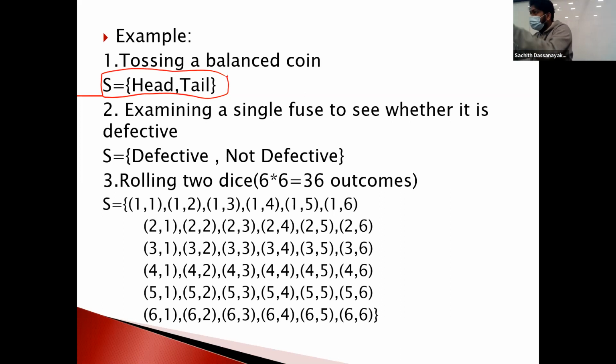So that outcome is the pair 1 and 6. Likewise, you will have 36 outcomes. If you have a pair inside the sample space, you can write it with brackets, and separate the values.